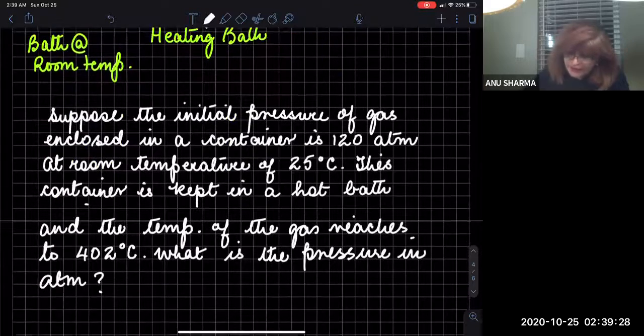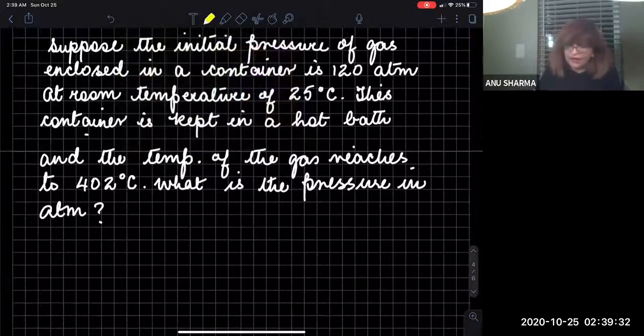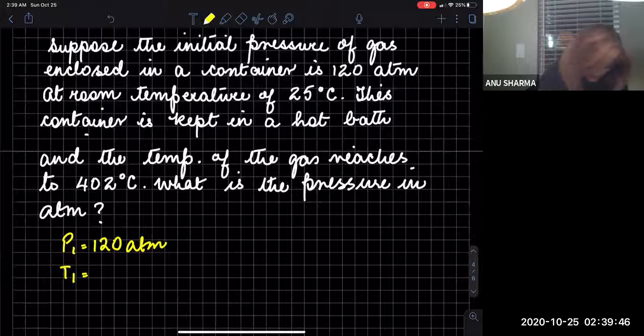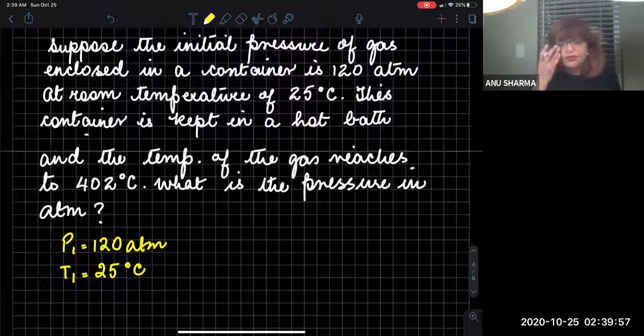So we write down all the things that are given to us. Here we are given the initial pressure, which is 120 atmosphere, and the initial temperature, which is 25 degrees Celsius. Always make sure that you convert degrees Celsius to Kelvin.